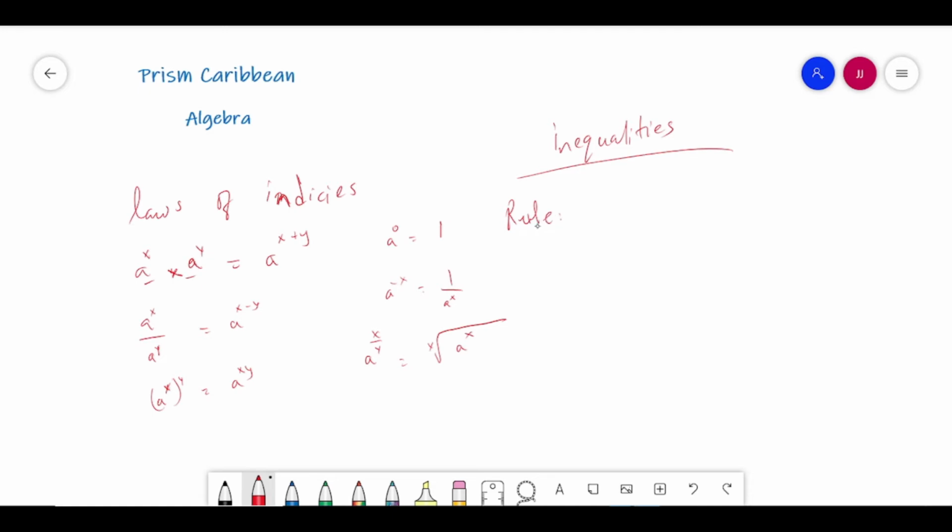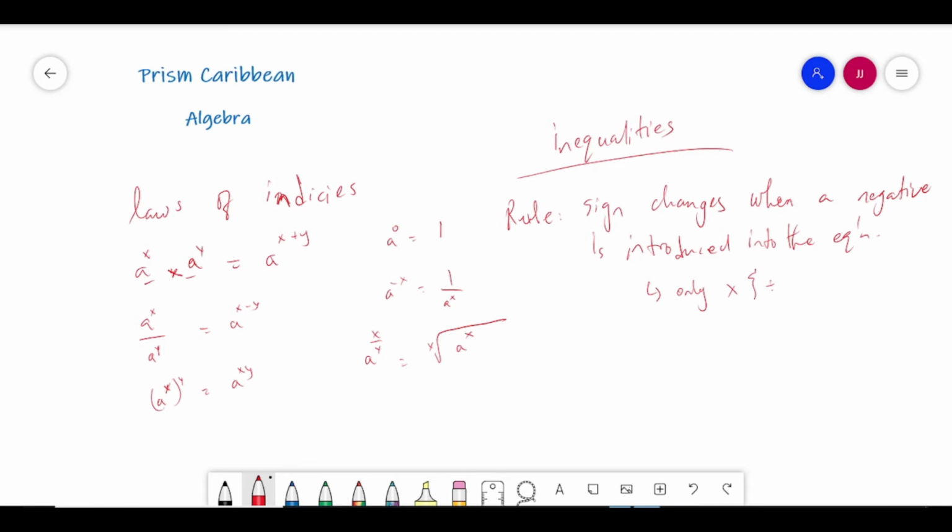But there's one rule we have to know with inequalities: the sign changes when a negative is introduced into the equation. And of course, this only deals with multiplication and division.